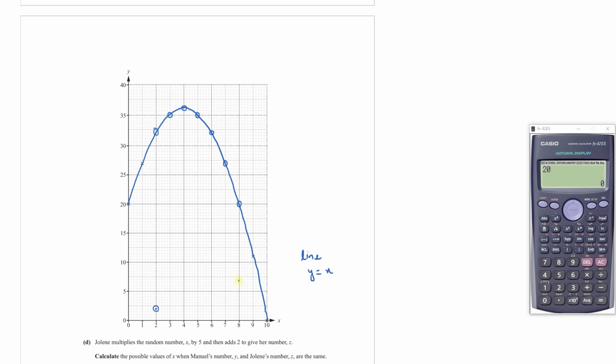So 8, 8 will be, this is 8 and this is 10. This will be 9 and this will be 8. So this point is 8, 8. These 2 points lie on the equation y equals x. And of course you have 0, 0 as well. Now I can draw a straight line which joins these points and see where it intersects the curve.